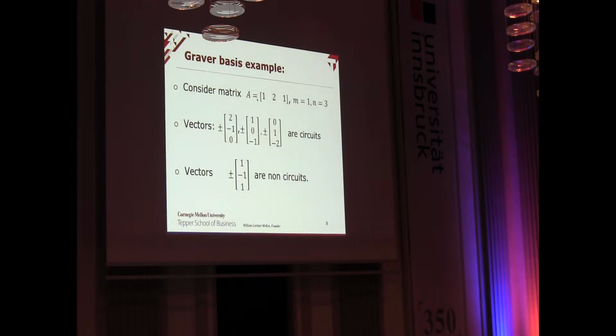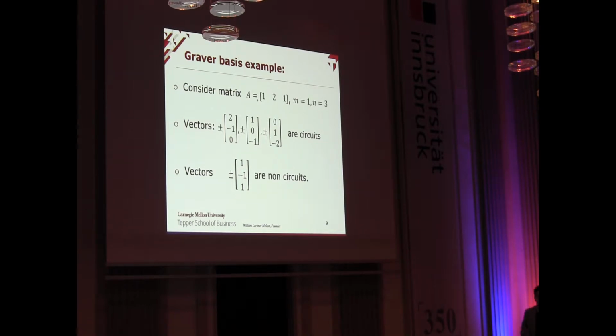So this is an example of a Graver basis. Our matrix is 1, 2, 1 and 2, minus 1, 0. The vectors are 1, 0, minus 1, and 0, 1, and minus 2, and the symmetries, the minus of each of them, are also among the Graver basis. Also 1, minus 1, 1 is a Graver basis element.